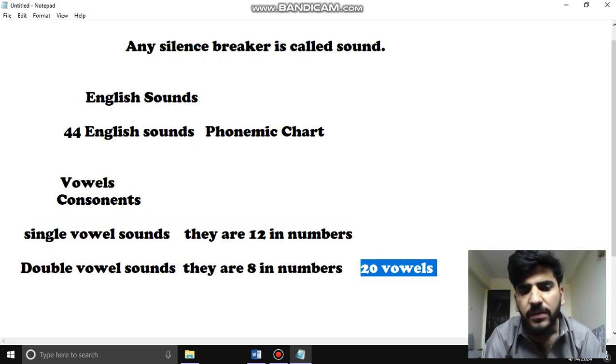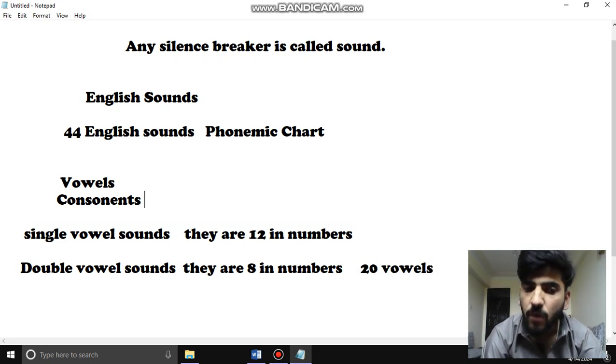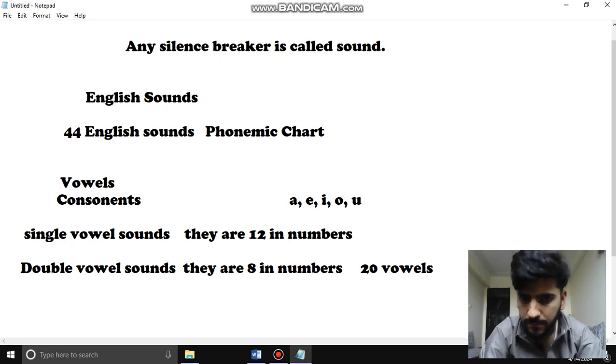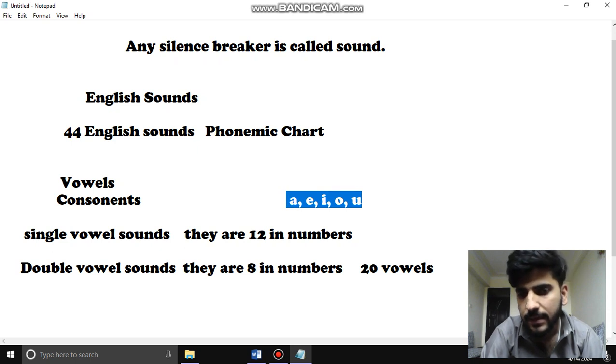Now, you might have heard that there are 5 vowels. Actually, those are letters: A, E, I, O, and U. These are 5 vowel letters, but they represent different sounds. These are called the 20 vowels: single vowel sounds and double vowel sounds.